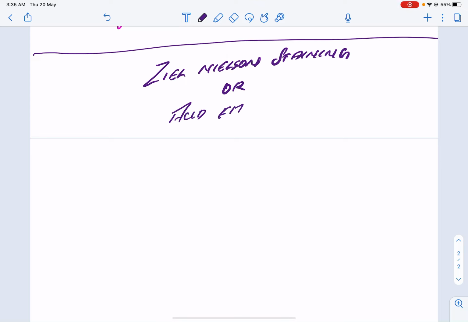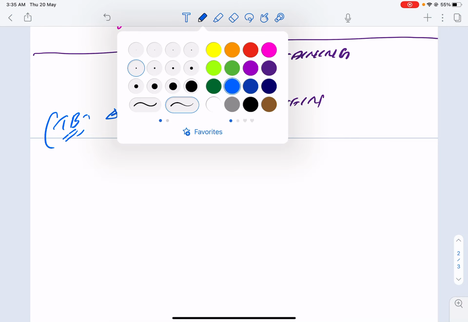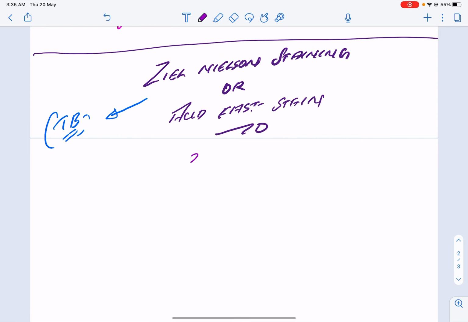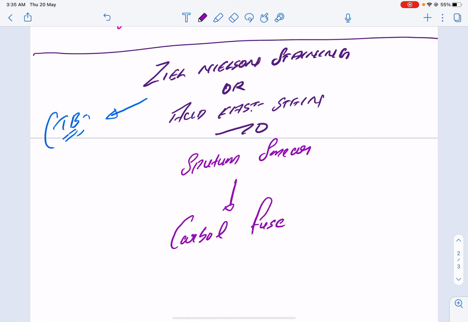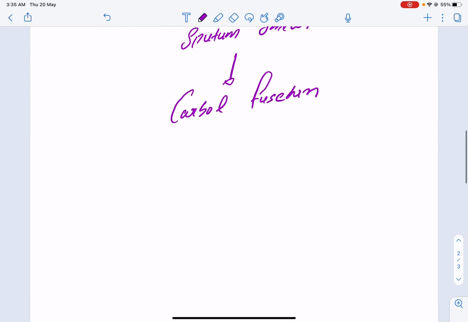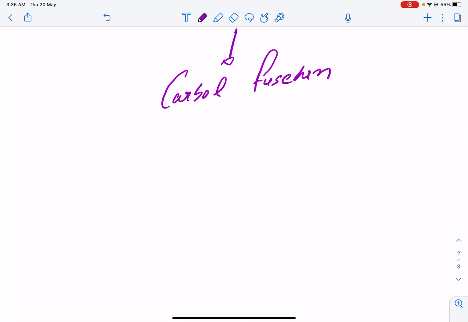This is done for tuberculosis, where we do the staining for TB, our bacteria Mycobacterium tuberculosis. We collect some sputum from the TB patient and take a sputum smear. After that, we add carbol fuchsin, and after that there will be intermittent heating and fixing.